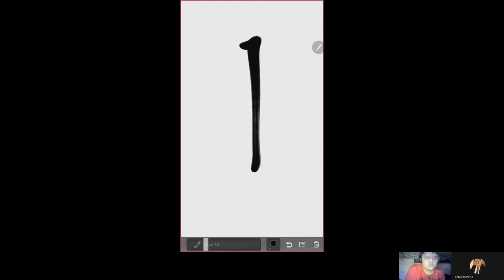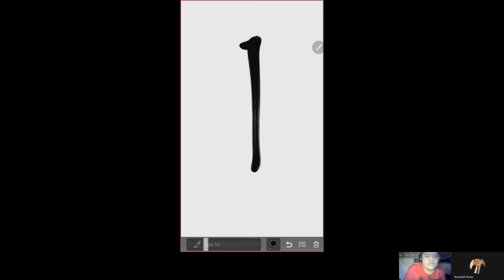Okay? So that's how you write the shu. For the example character, zhong or center, the stroke in the center is the shu or the vertical stroke.